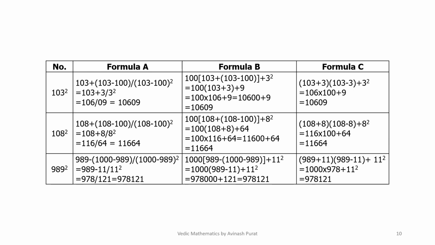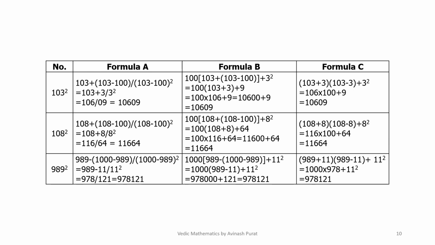Second formula: 1000 multiplied by (989 minus 11) plus 11 square, that is 978,000 plus 121, equal to 978,121.